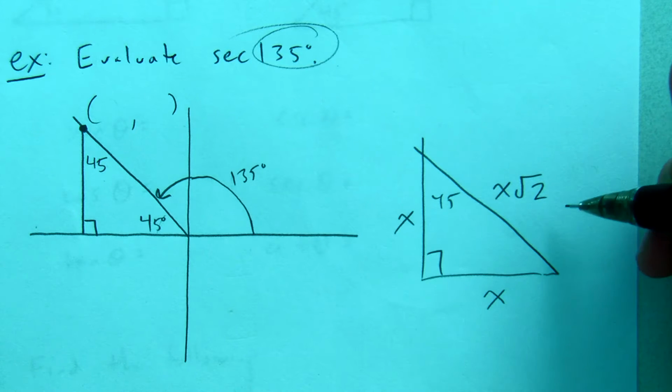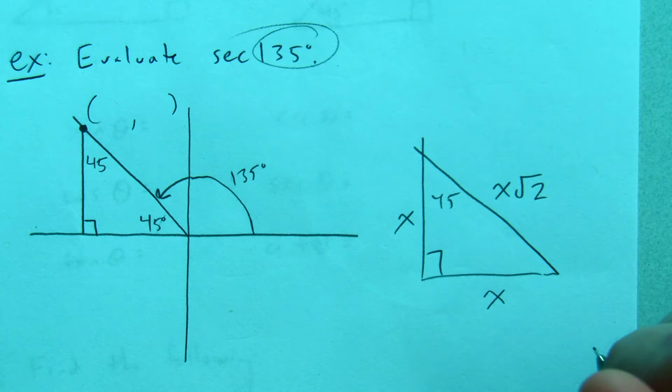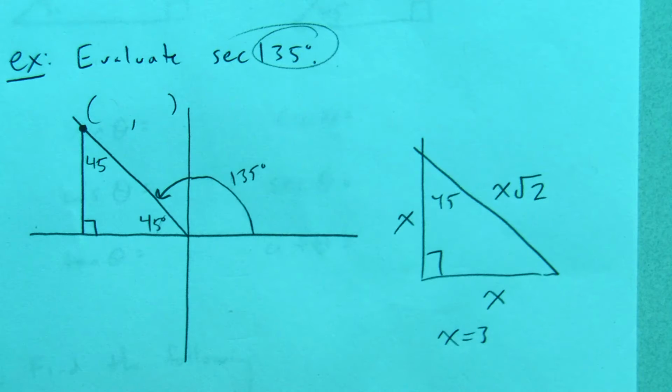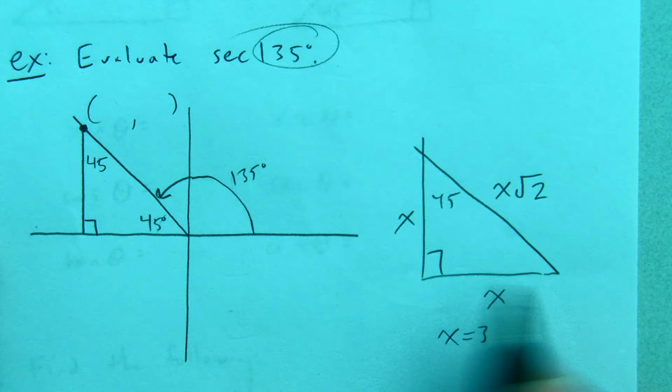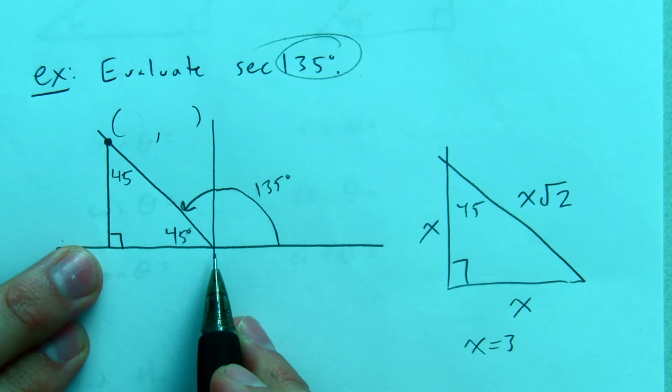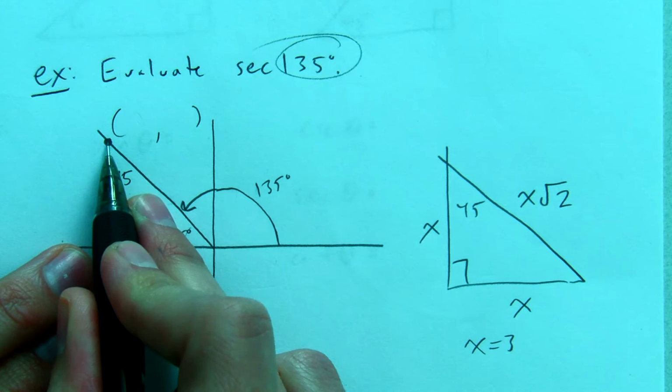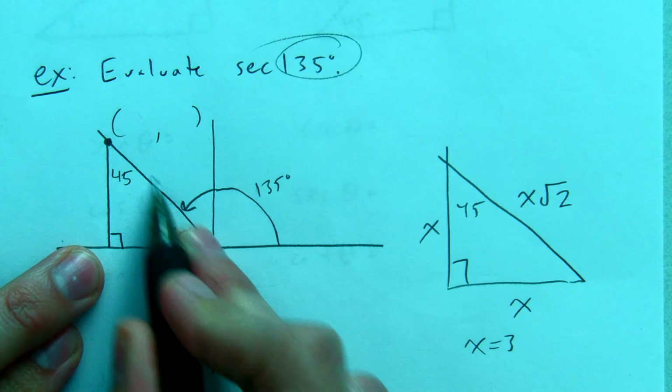So we can pick any value we want. I'll let x equal 3, okay? Which would mean I'm pretending that this triangle has dimensions of 3, 3, and 3 root 2.